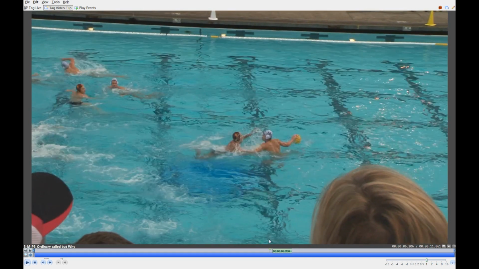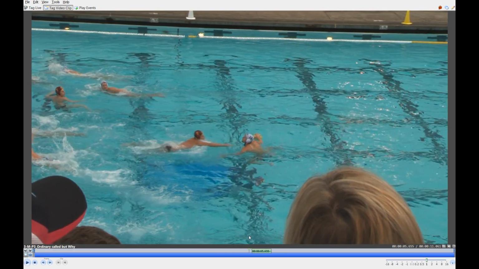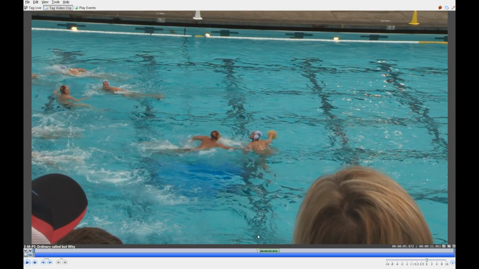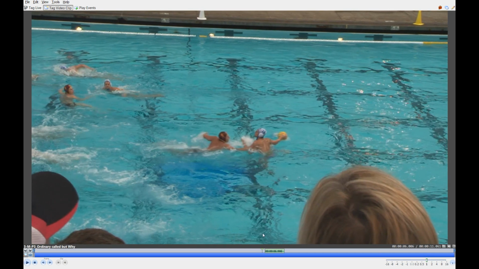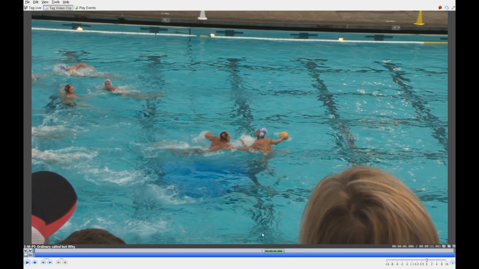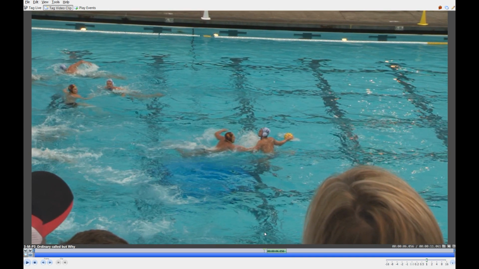Now, as you take a look at this clip, things to watch for: when the ball is in hand, defense is allowed to extend out, which he does with his right hand and arm. Makes contact. As soon as he makes contact, though, what does the offensive player do? He wants to maintain spacing. He wants to maintain control and leverage so that he can see where he's passing the ball.